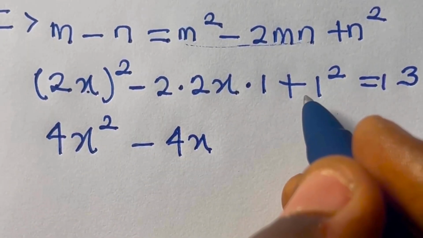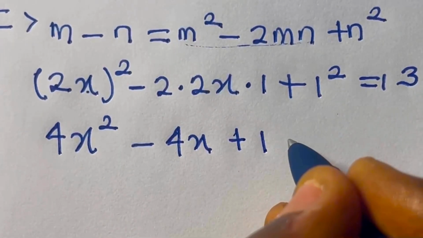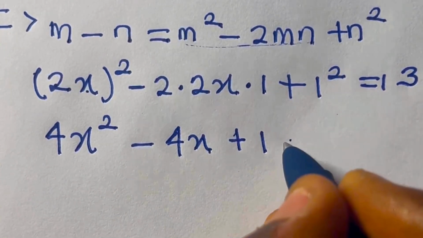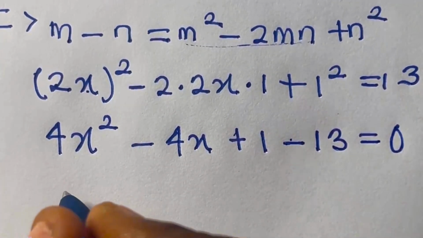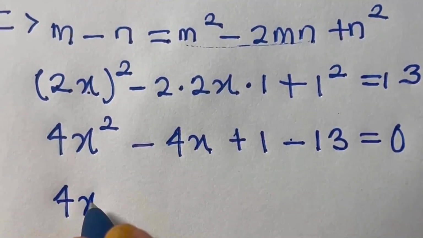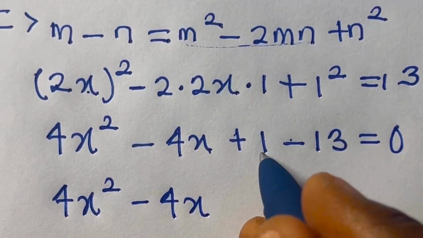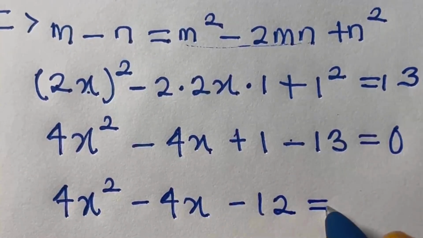Then we have plus 1 equals 13. But let's transfer this 13 here, it becomes minus 13 equals 0. So we are going to have 4x squared minus 4x plus 1 minus 13, which is minus 12, equals 0.